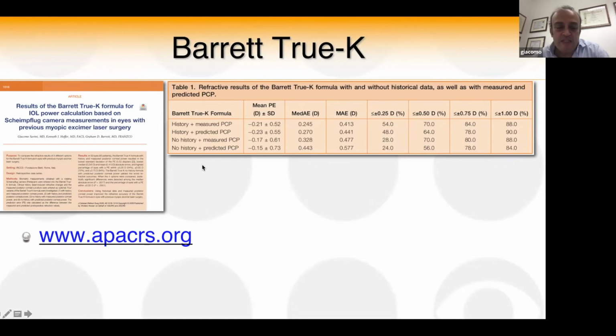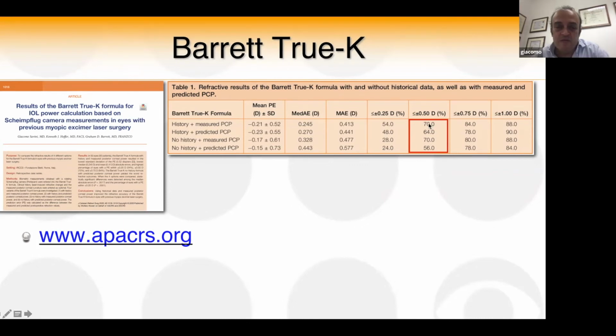And we investigated that sample again, and we found that if you use all the historical data available, that is the corrected refraction by the laser and the posterior corneal curvature, the percentage increases up to 70%.